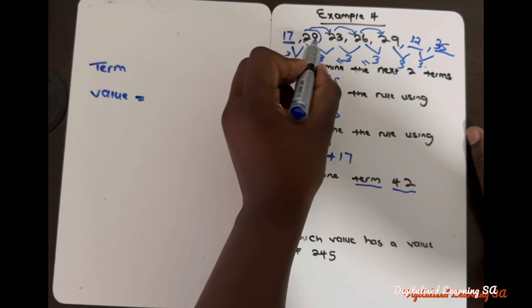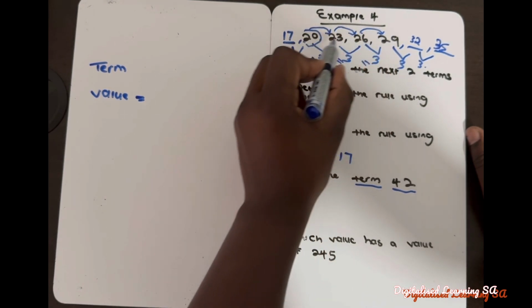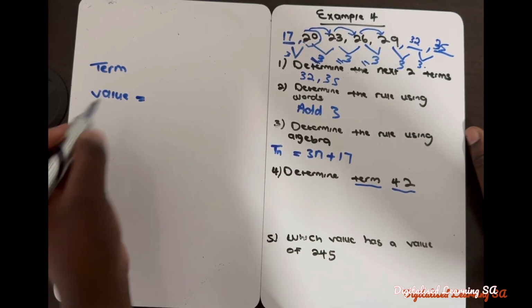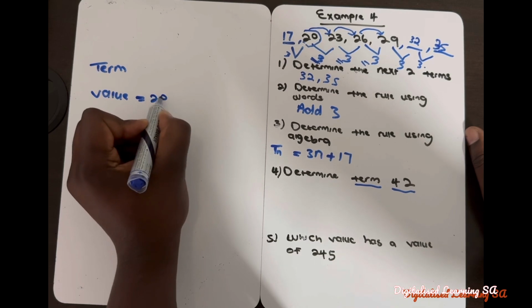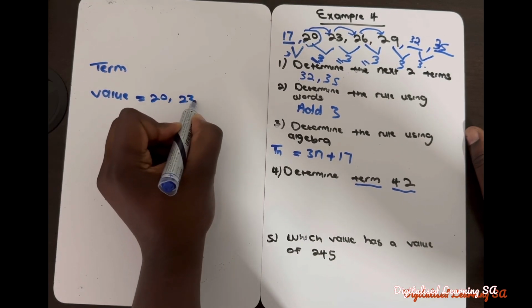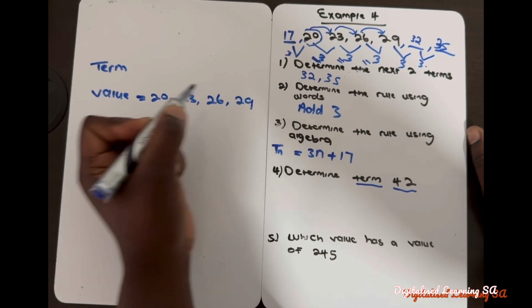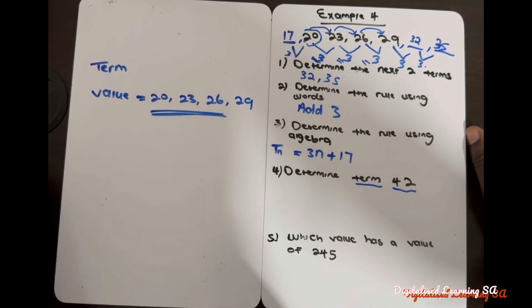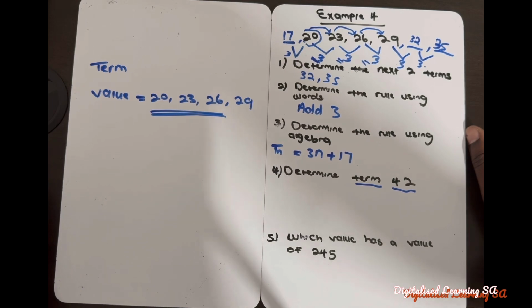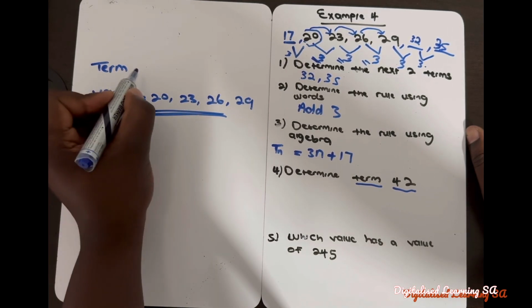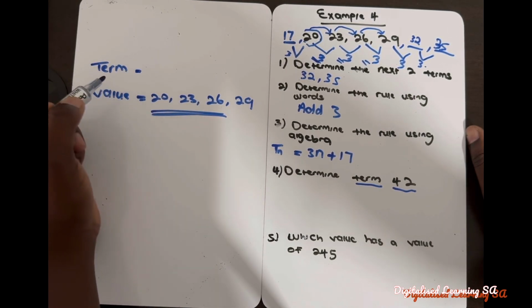So these numbers that we are given here are called values. The 20, the 23, the 26, and the 29, these numbers are called values. And each value is associated with a specific term.